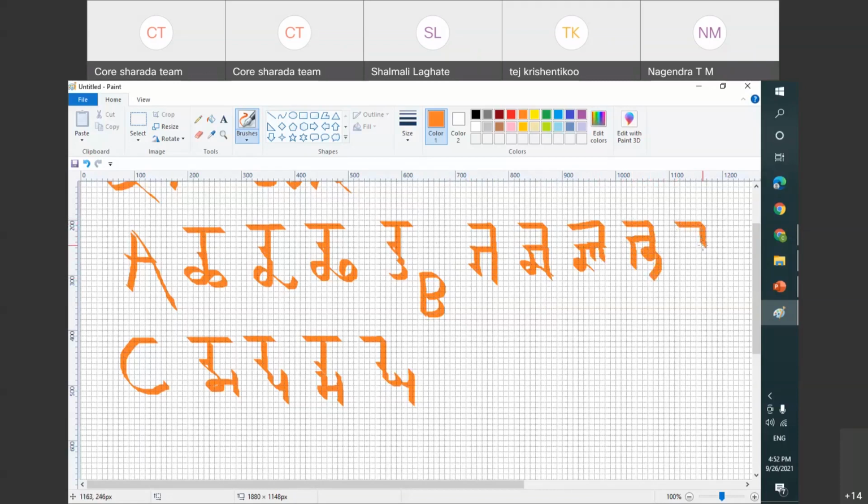Then R, Sh. You see the difference? Are you able to see the difference here? This is at the center. There is one in this also, and this is at the center. So it is the same. There is no difference in A and C.